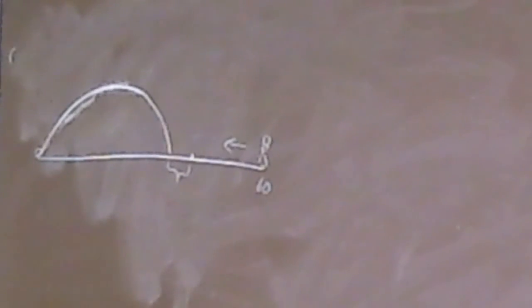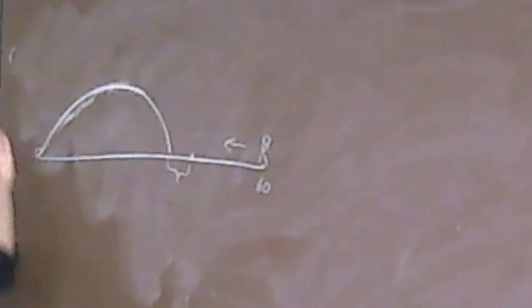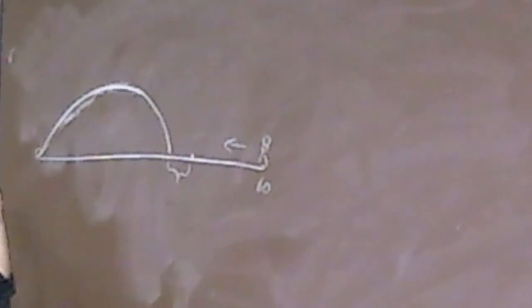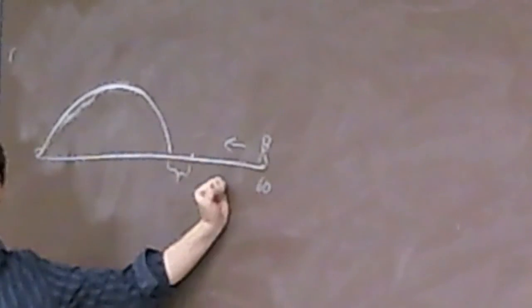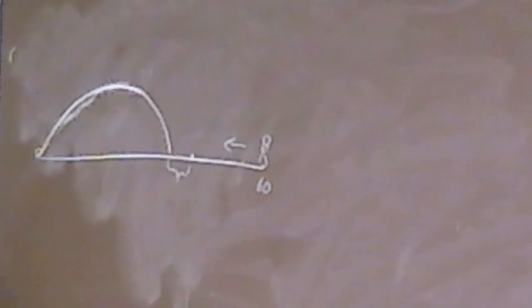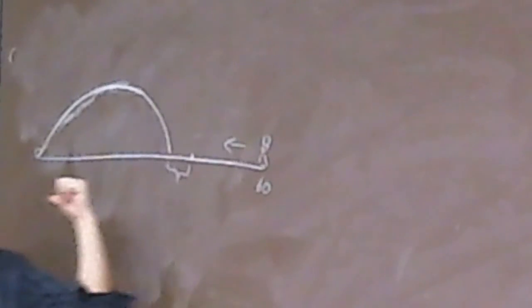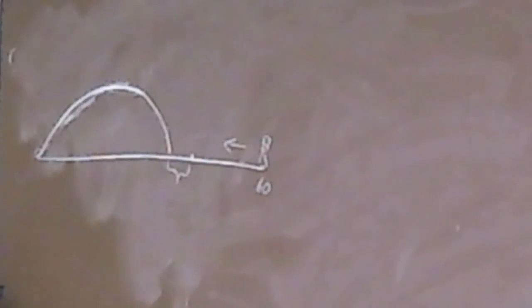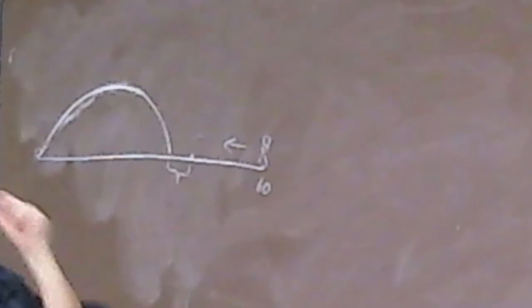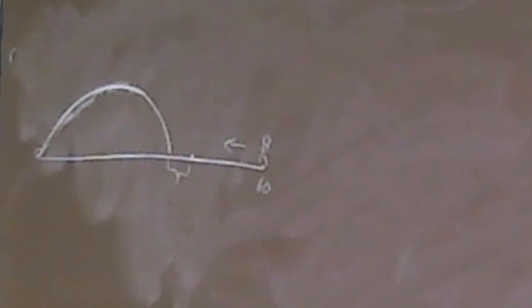So here, in addition to decomposing the motion of the soccer ball into x direction and y direction, we also need to analyze the relationship between the two motions, this projectile motion and this running motion. What is the relationship between them? We should identify some relationship between them. Otherwise, if they are irrelevant, you cannot solve the problem.